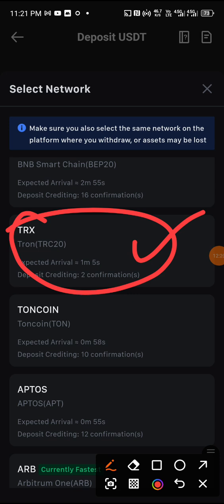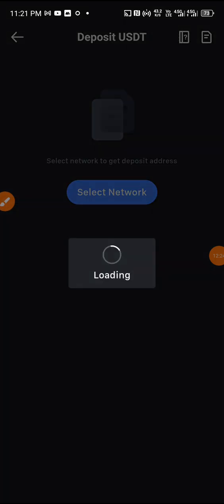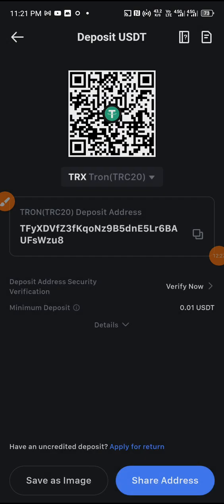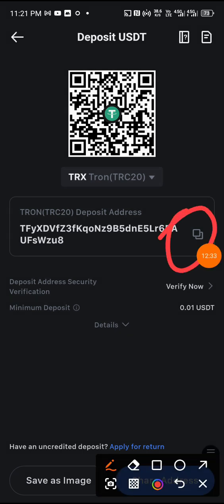So coming to this place, all you just need to do is to click on your wallet. Since we are using the TRX wallet, you come to this place to click on copy.